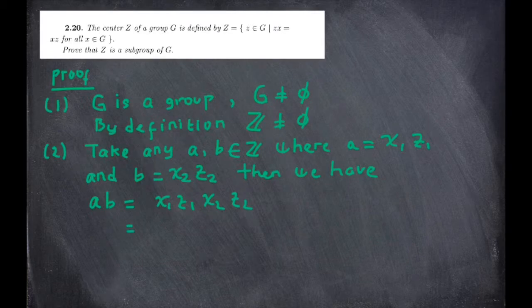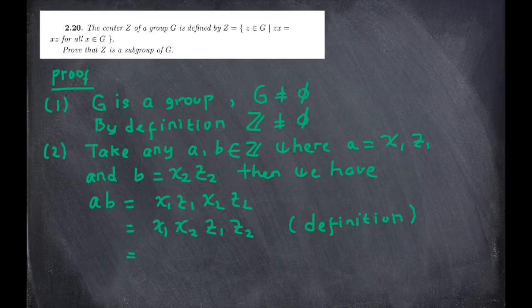Okay, so by the definition we can swap Z1 and x2, because the center is defined by Zx equal to xZ. So this is commute. All the elements of Z commute, so we can swap. So we have x1, x2, and this is Z1 and Z2. Yes, because the elements of Z commute.